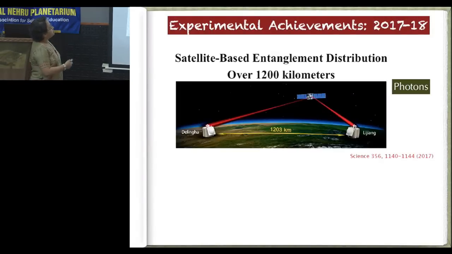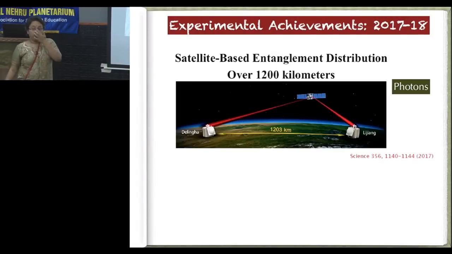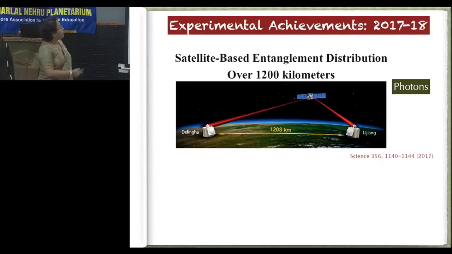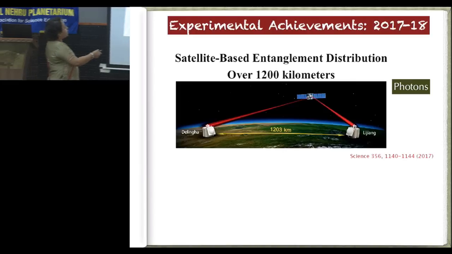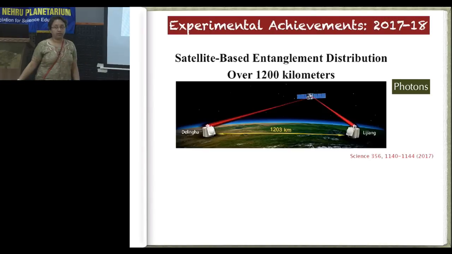Now, in a breakthrough experiment done in China recently, they showed that they can create an entangled state in a satellite and then distribute the entangled state to two cities which are 1200 kilometers away.